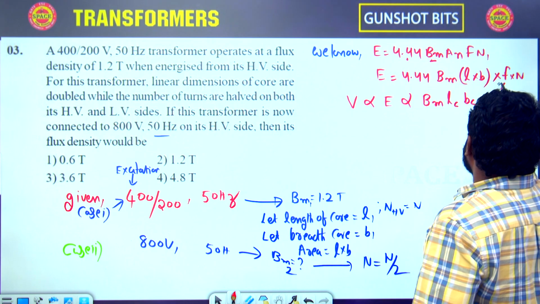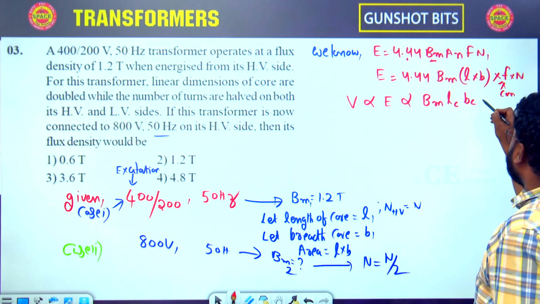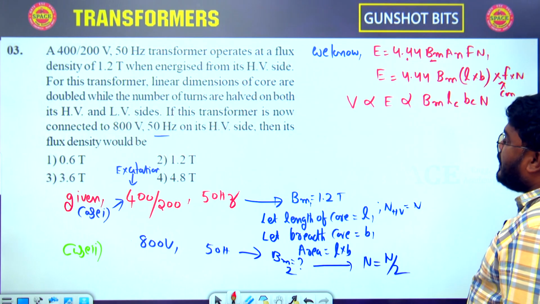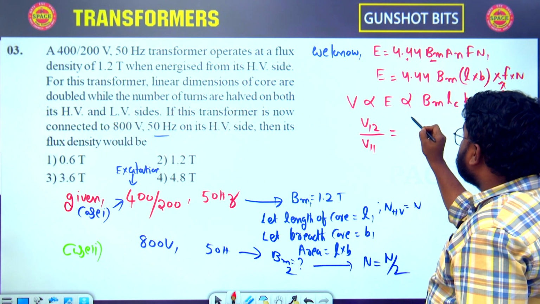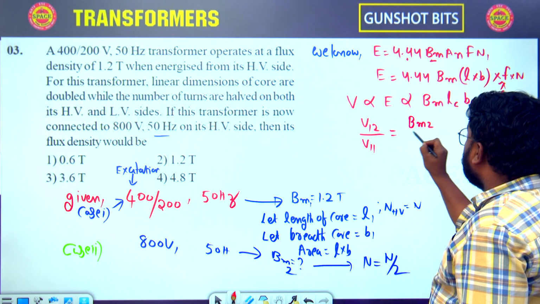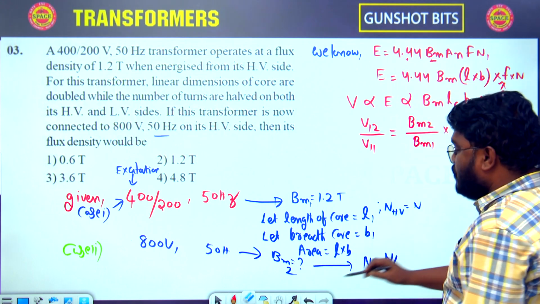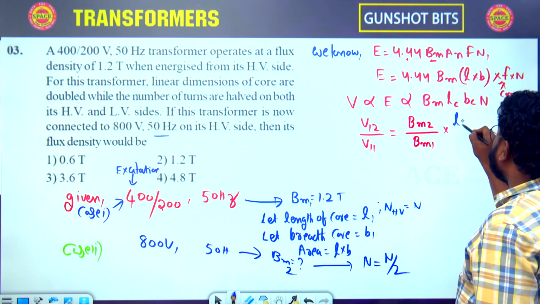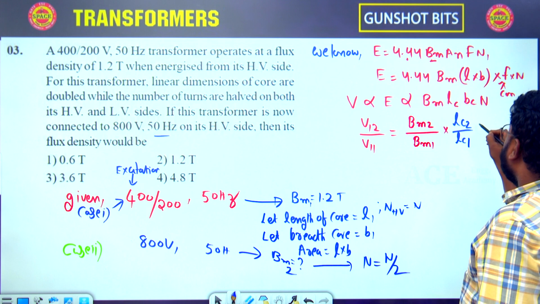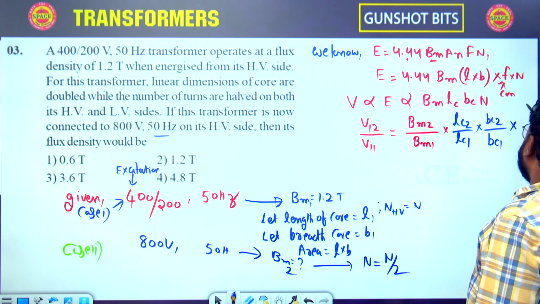Here the frequency is also constant, since in both cases the frequency is the same, and it is multiplied by the number of turns. Therefore V2 divided by V1 is equal to B maximum 2 divided by B maximum 1, into LC2 divided by LC1, and BC2 divided by BC1, and multiplied by N2 divided by N1.